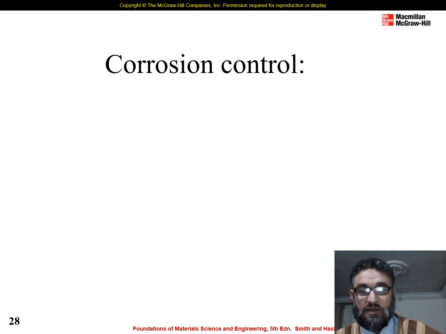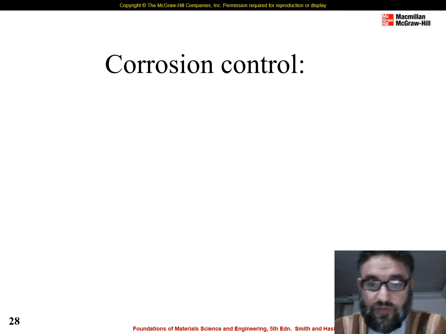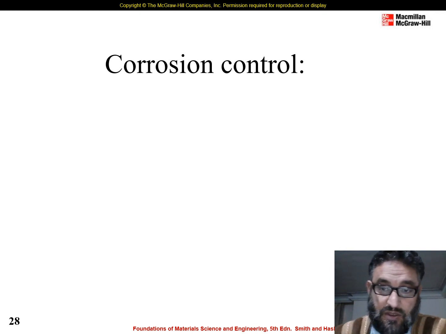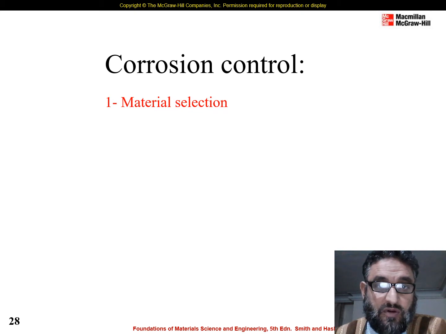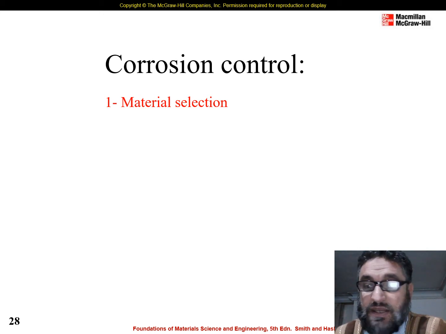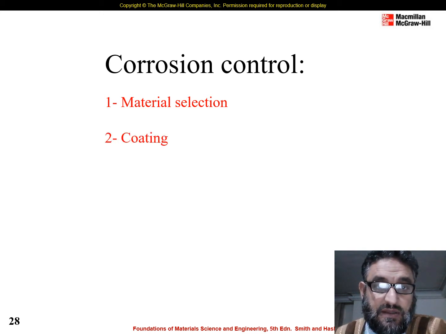So in general, there are several methods to control the corrosion. We will focus on four methods of corrosion control. Firstly, corrosion can be controlled by selecting the proper material which is less corrosive than the others. Secondly, we can protect our metals from corrosion by coating.